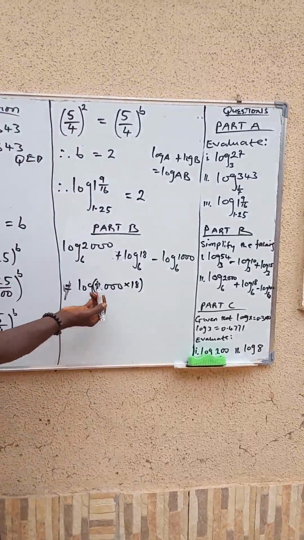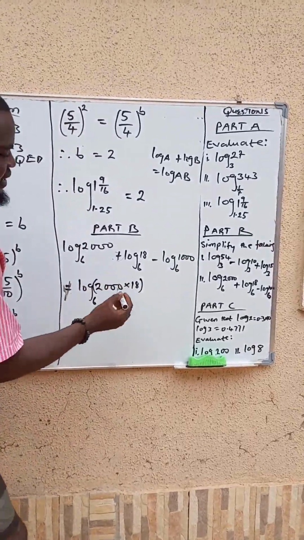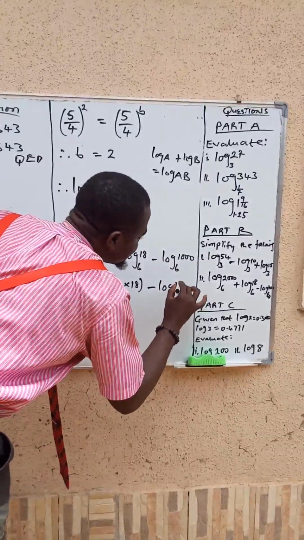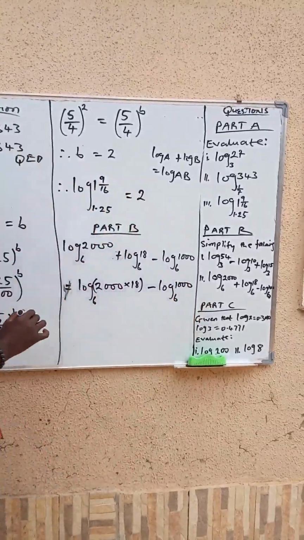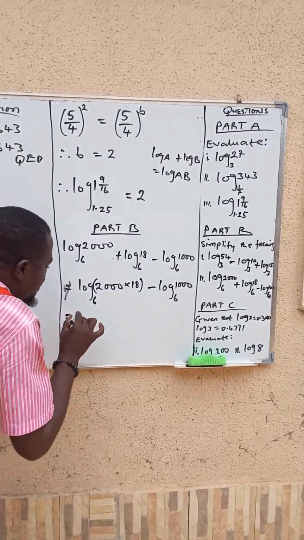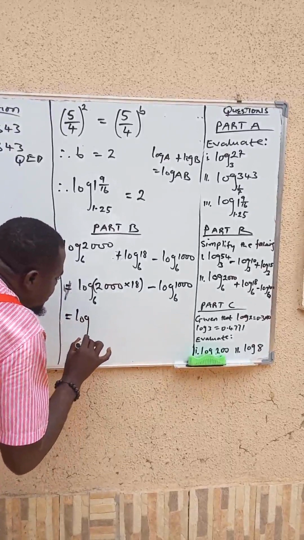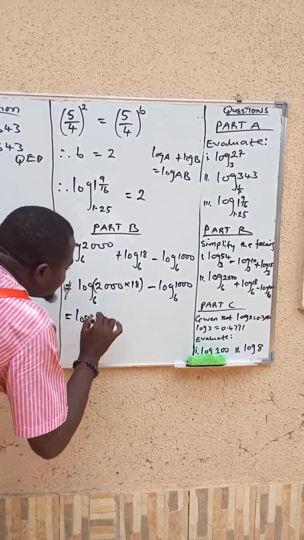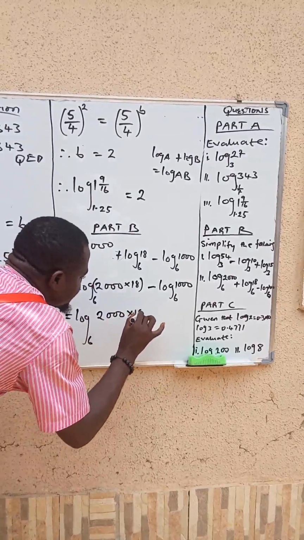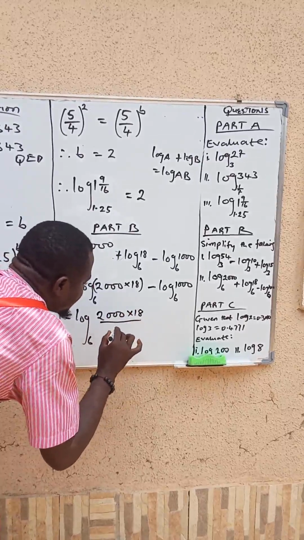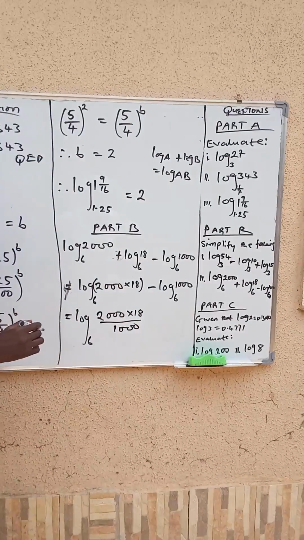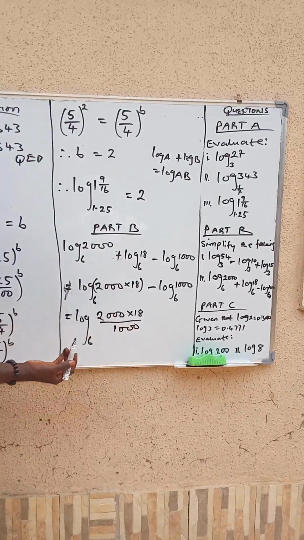They are now sharing the same base, and since it's plus, you multiply, minus log 1000 to base 6. Now this is the same thing as log to base 6 of 2000 multiplied by 18 over 1000. They're having the same base, so I divided it.